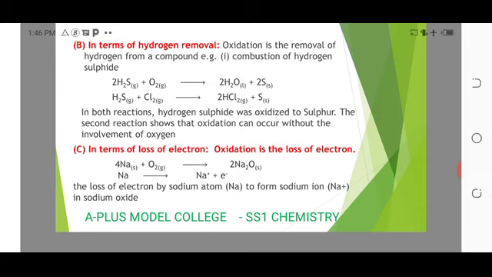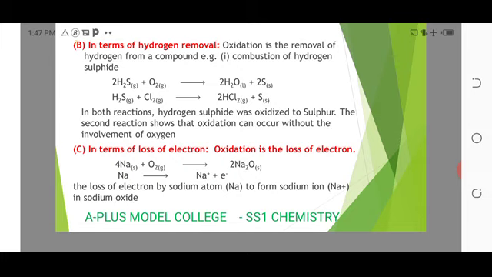Look at it: we have sodium plus oxygen gas giving you sodium oxide. You can see the loss of electrons by the sodium atom to form the sodium ion in sodium oxide.